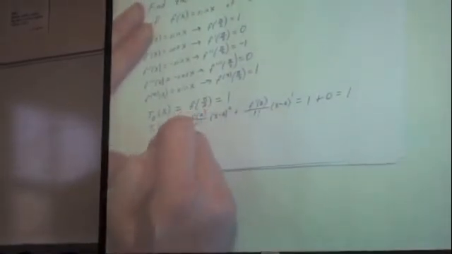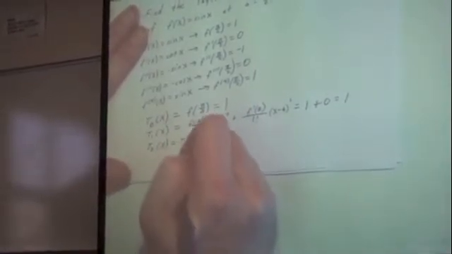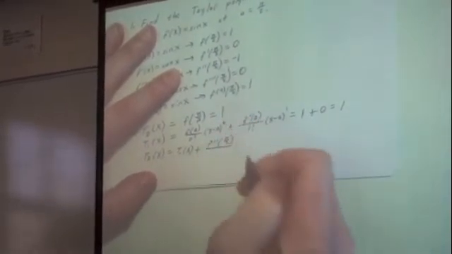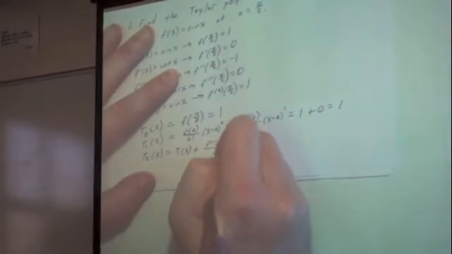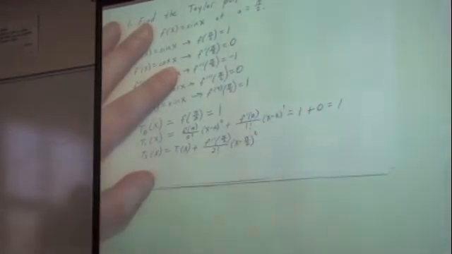I go down to the second Taylor polynomial. I know the second Taylor polynomial is the first Taylor polynomial plus the derivative taken twice, the second derivative evaluated at a. I know a is pi over 2, so I'll say f double prime of pi over 2 divided by 2 factorial times x minus pi over 2 squared.